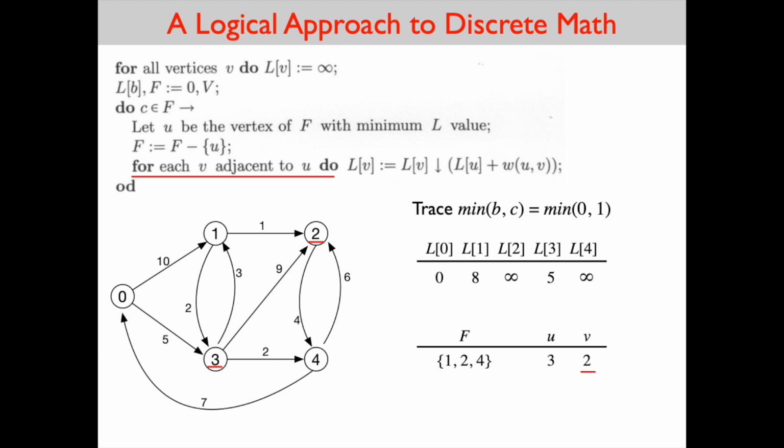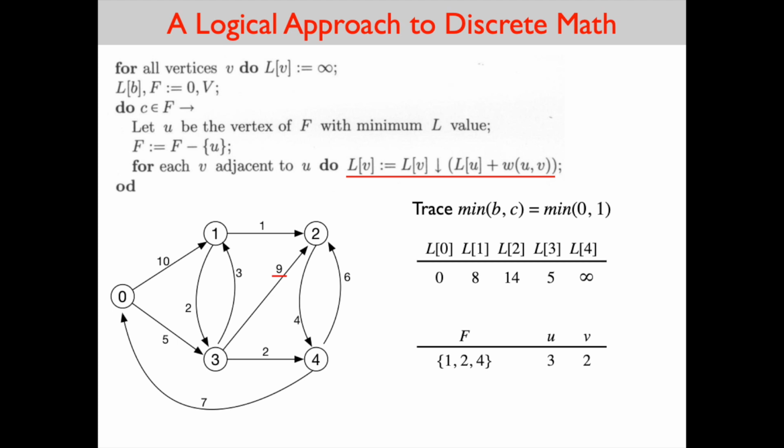And L sub u, which is, because u is 3, L sub 3 is 5. So what is 5 plus the cost from vertex 3 to vertex 2? It's 9. So 5 plus 9 is 14. So consequently, L2 gets 14 because 14 is obviously less than infinity.